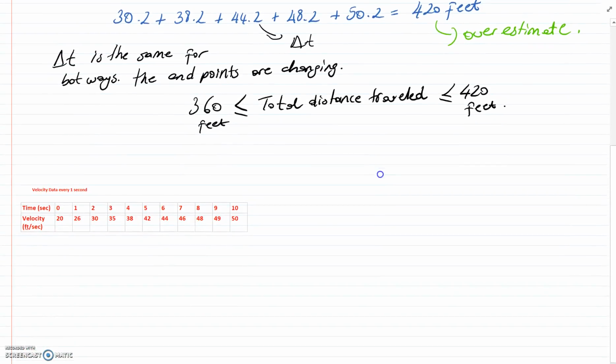So in the next example, we can claim that if we slice this into 1 second intervals, it could give us a better approximation. So with this approximation, again, we can decide our upper and lower limits of distance traveled.